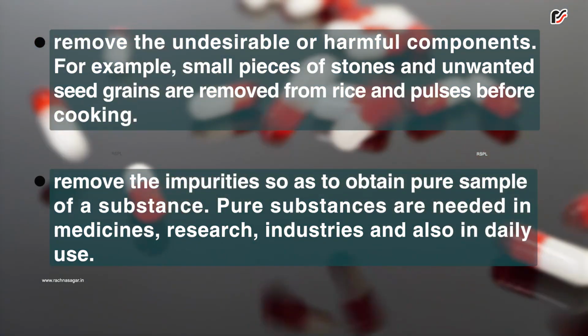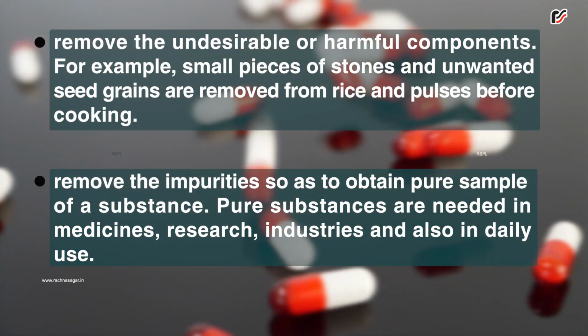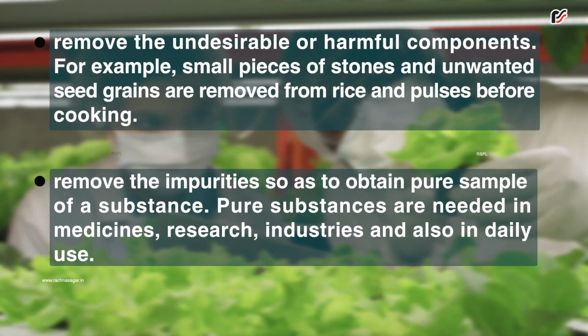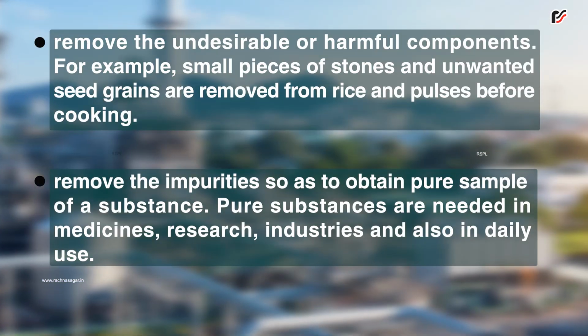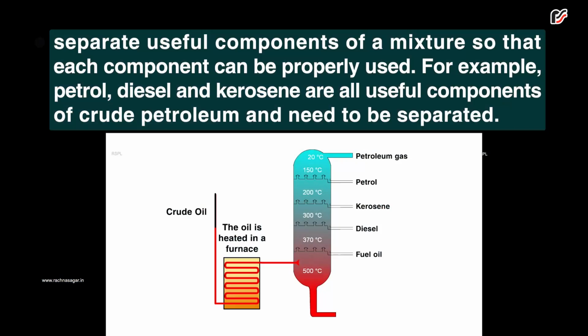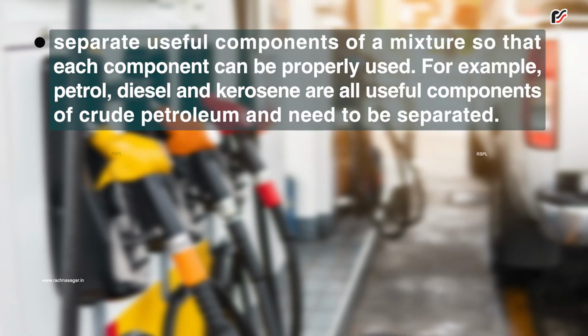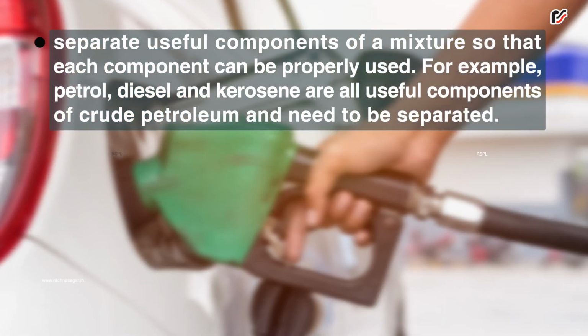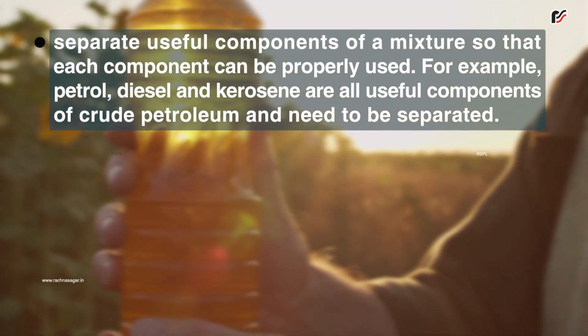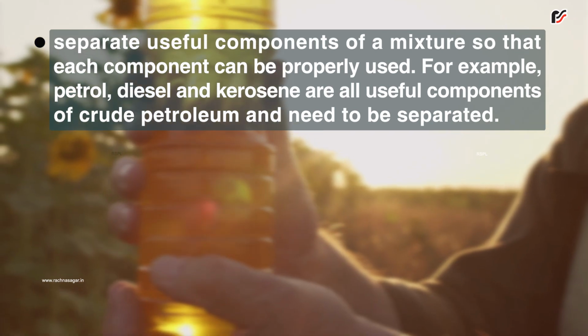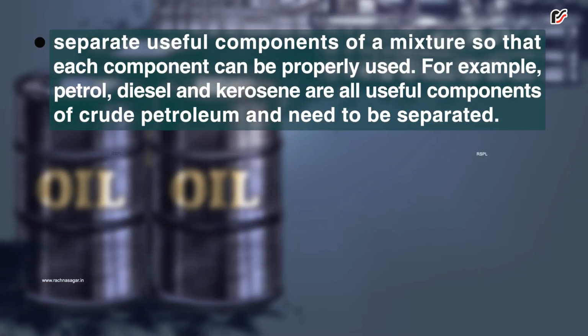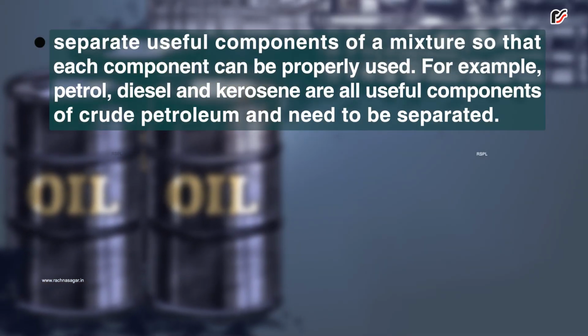Pure substances are needed in medicines, research, industries, and also in daily use. Separate useful components of a mixture so that each component can be properly used. For example, petrol, diesel, and kerosene are all useful components of crude petroleum and need to be separated.